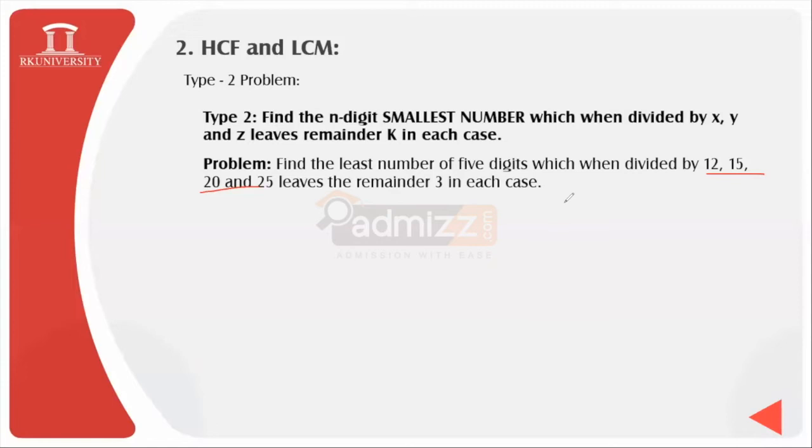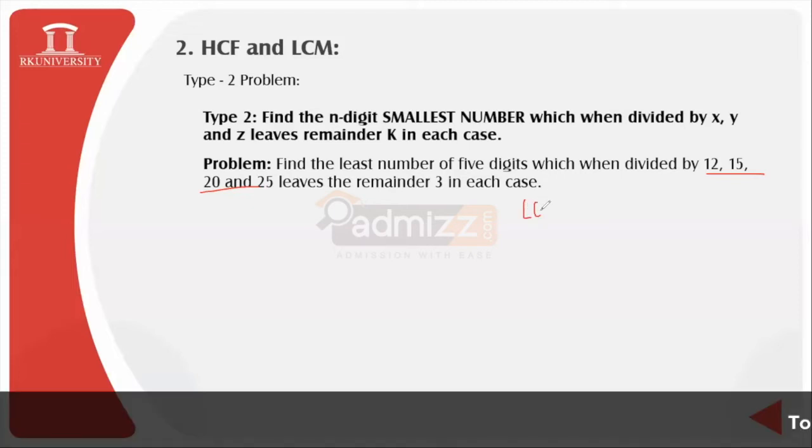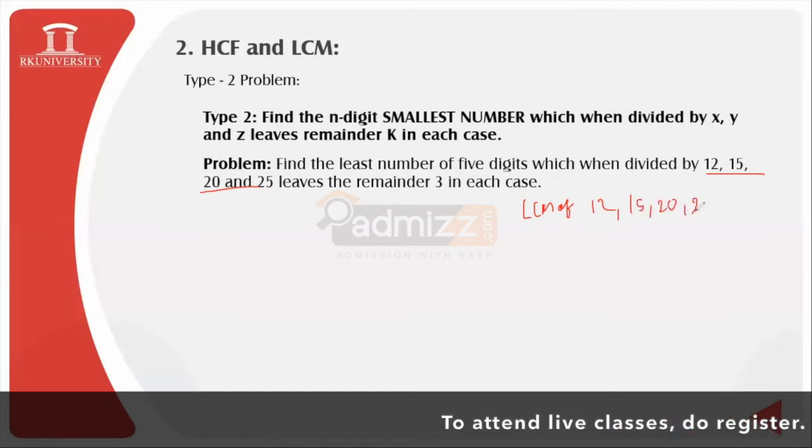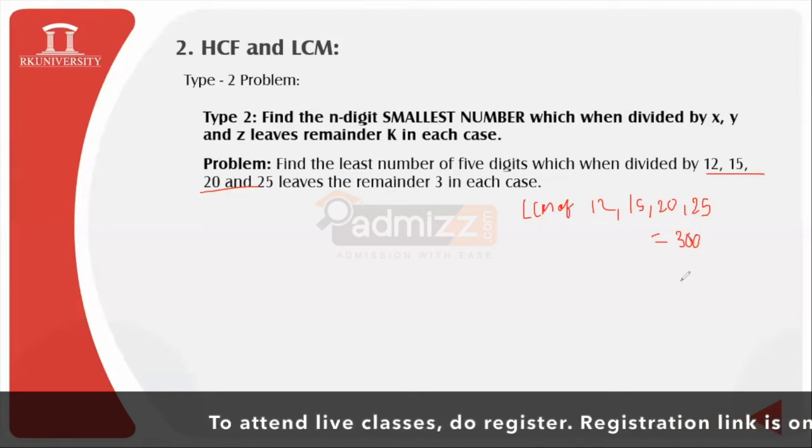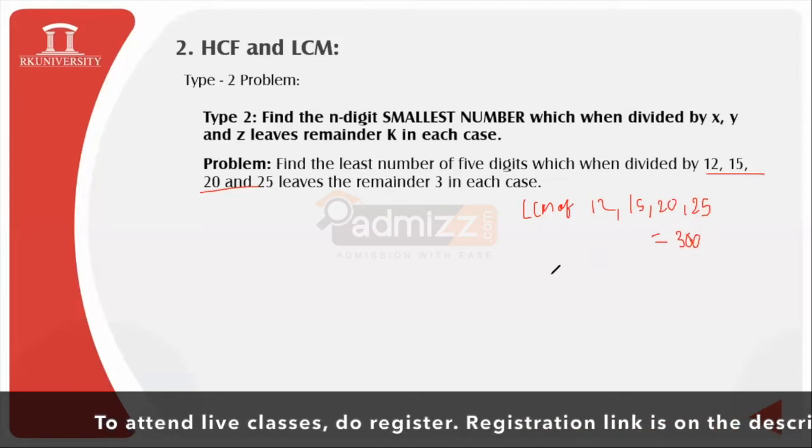So we will not repeat the process for finding the LCM in this question. I will quickly write the LCM of 12, 15, 20, 25, that is 300, since it is already known to us from the previous problem.